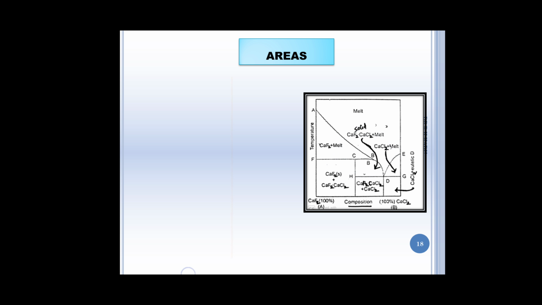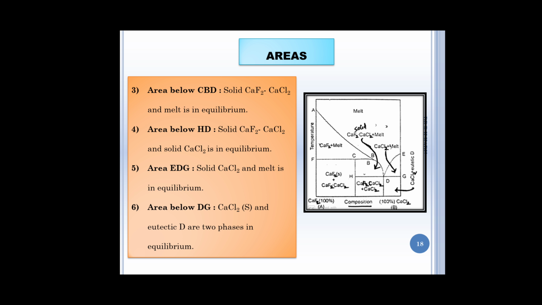The next one is the area below CBD. Here is the CBD. This is the area in which the solid CaF2CaCl2 plus melt are in equilibrium, as indicated by this arrow here. The solid CaF2CaCl2 plus melt are in equilibrium.